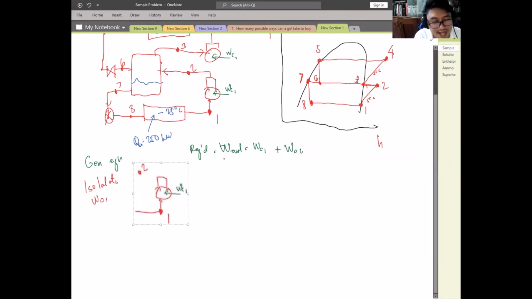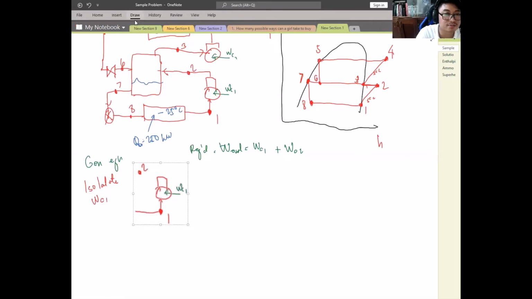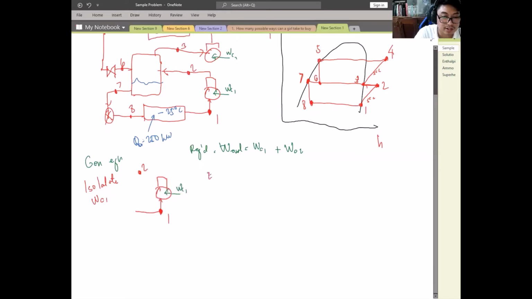So by energy analysis, energy in is equals to energy out. Ang energy in natin dito is si enthalpy 1, tsaka si work of the compressor 1. Tapos ang ating energy out dito wala lang iba kundi si enthalpy 2.